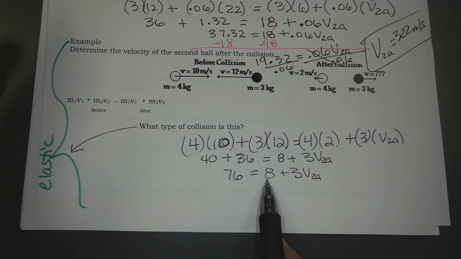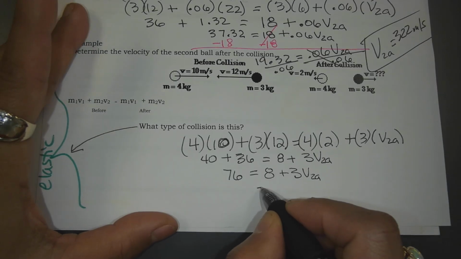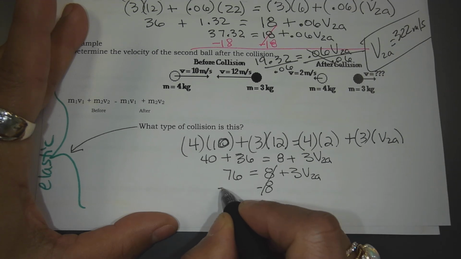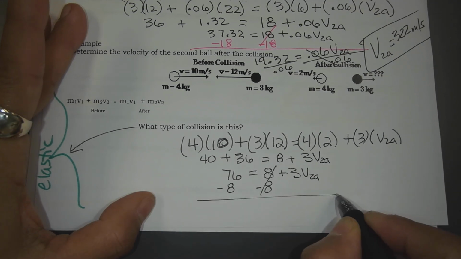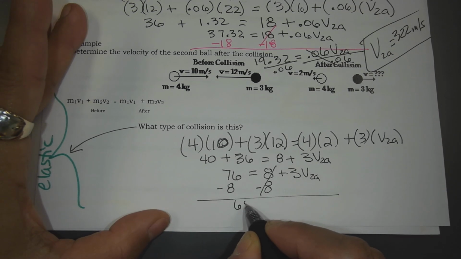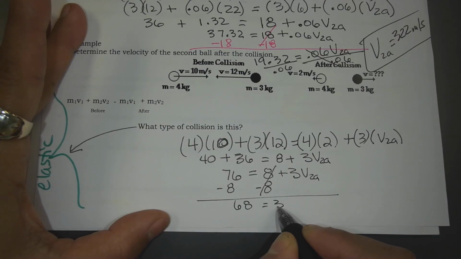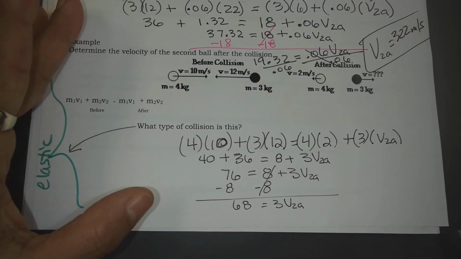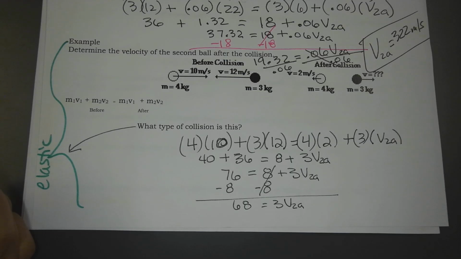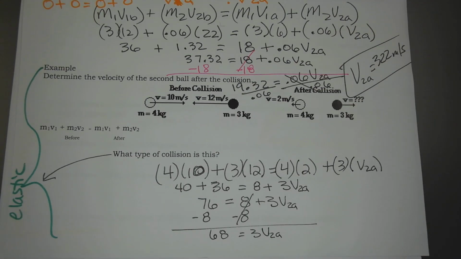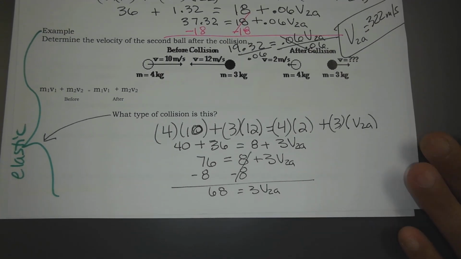If this is a positive 8, the opposite of that is to subtract 8 on both sides. And when I do that, I get 68 equals 3V2A. So we're coming through the end of this. We're now down to the last step here.